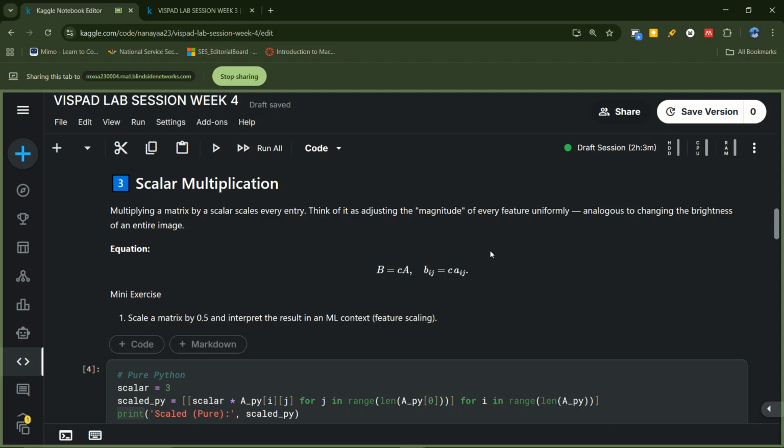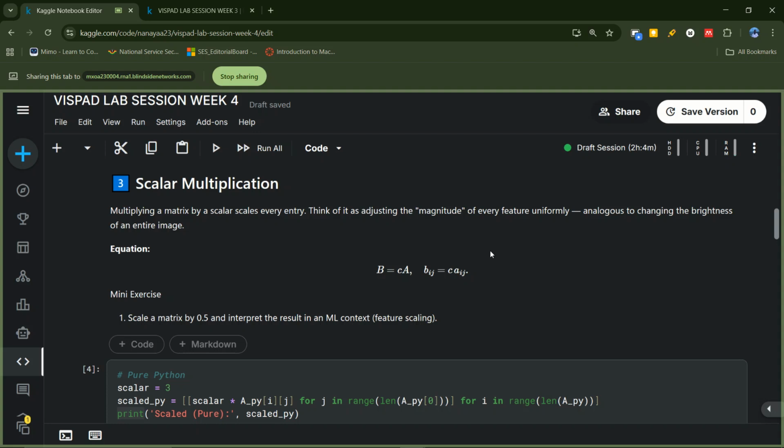So B_ij is referring to the element at row i and column j. You see the scalar doesn't change, because it is the scalar that we are using to cause that change to the matrix. So the scalar still remains the same. Just like with a vector, the scalar multiplies each element of the vector.